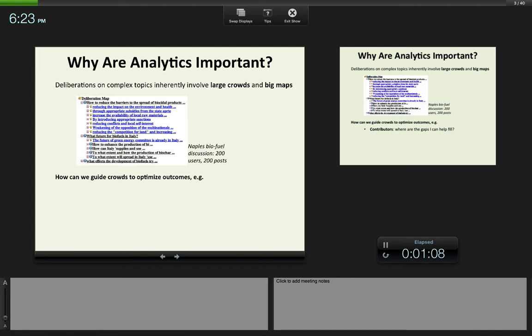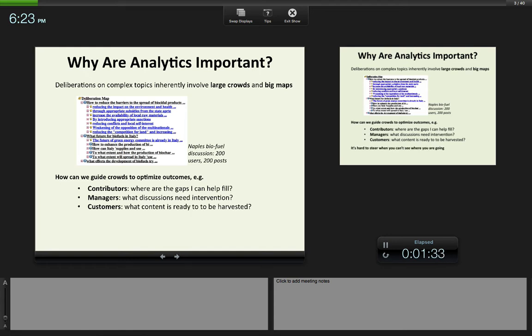Given such large crowds and big maps, the question becomes, how can we guide these crowds to optimize the outcomes that they produce? For example, how can we guide contributors to identify the gaps in the current map and to fill them in? How can we help managers identify which parts of the discussion are progressing poorly and may need intervention?